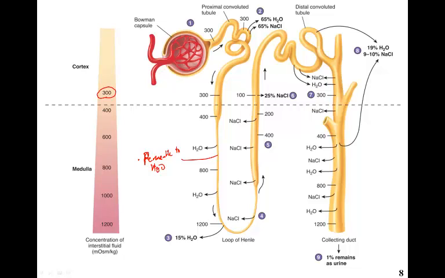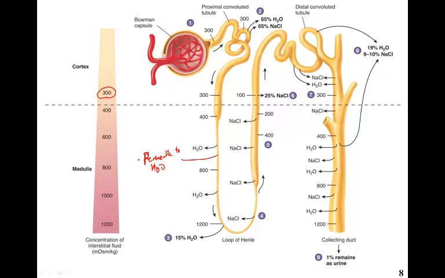So you've got this fluid with an osmolarity of 300, so not super concentrated, fair amount of water flowing down here. The tissue around becoming more and more concentrated. So if you've got high concentration of solutes out here, as the fluid flows down, water is going to want to go from filtrate into interstitial fluid, right?